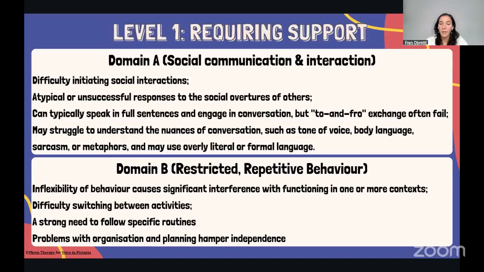They might display difficulties in switching between activities, or when it comes time to focus on something else. They might have a strong need for routine, very specific routine, and this might impact their independence and their time management and organizational skills. They can display this difficulty in one or more environments. It might be at school, at home, in social settings as well.